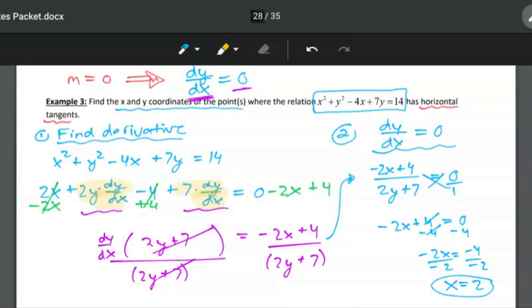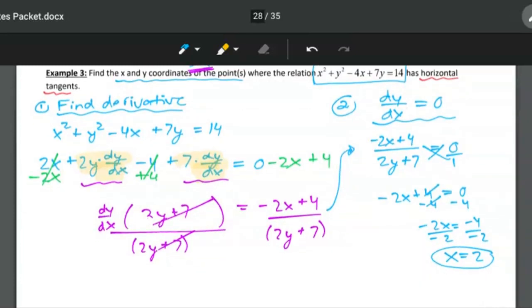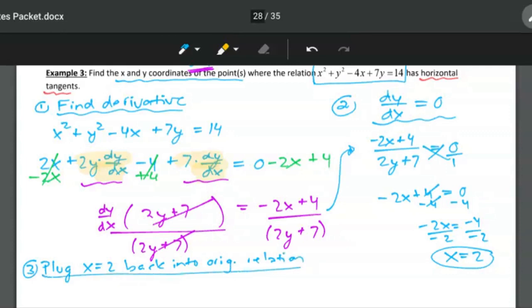So think, if we're finding points on that relation, we have to plug it back into the original equation, not the derivative. So step 3, we're going to plug x equals 2 back into the original relation, and that should help us find our y's.